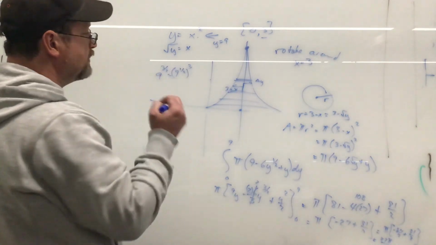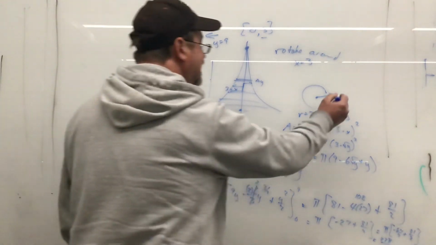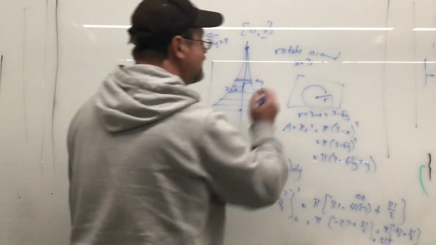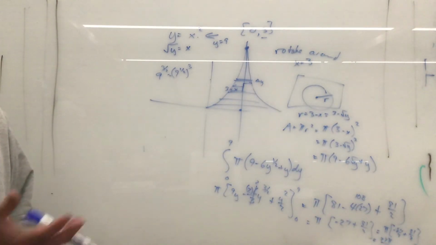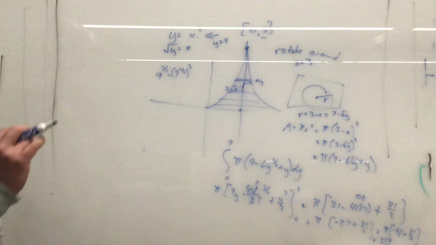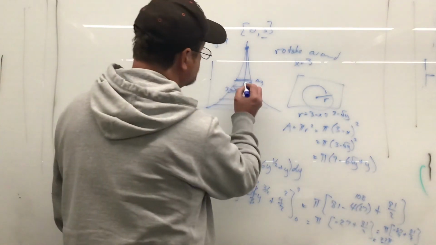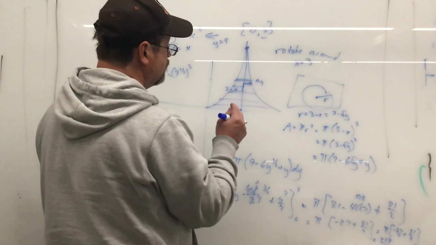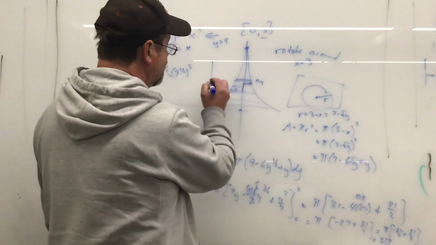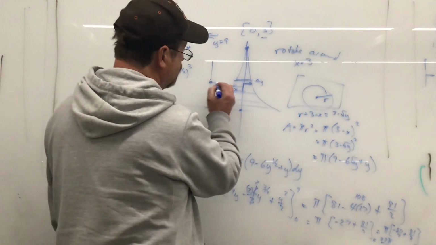The important part to take from this is we go through exactly the same process right here. It's just we can't be lazy and say, well, when it's in the x direction, that's going to be x. When it's in the y direction, that's going to be y. We can't do that because we have to look at that and say, it is in the x direction. However, the radius is not from x equals 0 out to there.